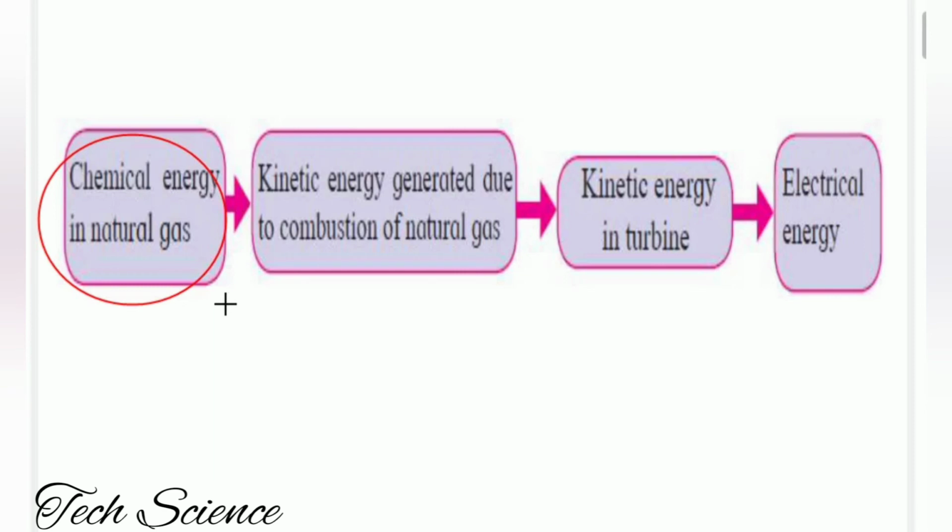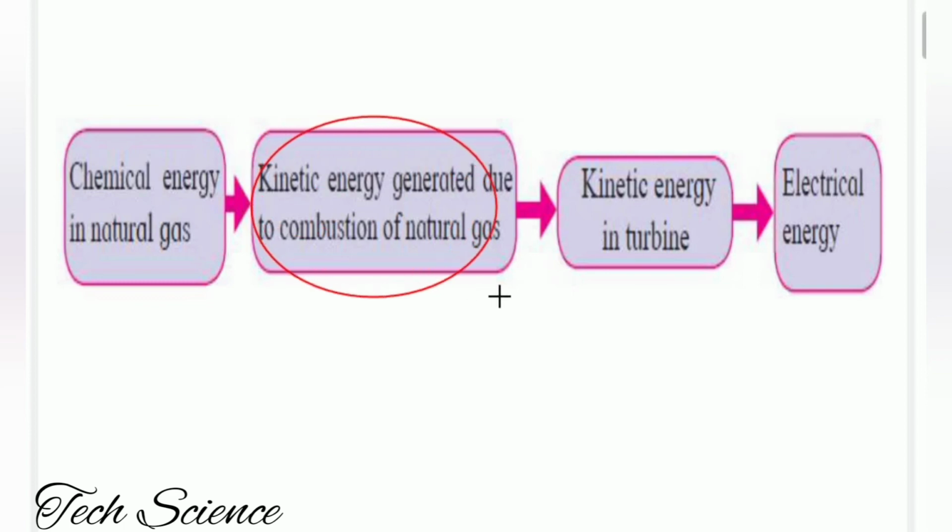We have to utilize this chemical energy to generate electrical energy, which is the last output for us, and we use this electricity in our day-to-day life. For this reason, the chemical energy present in the natural gas gets converted into kinetic energy by combustion of the natural gas in a combustion chamber.